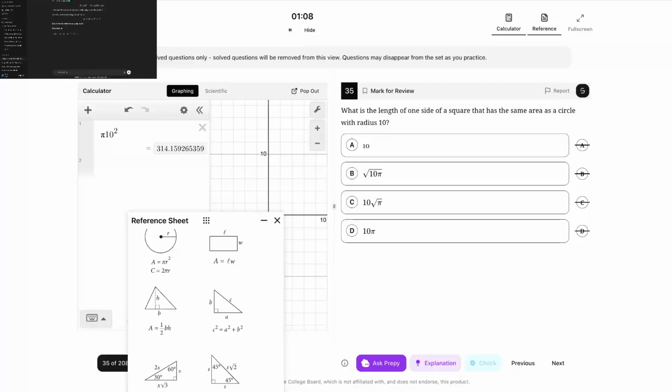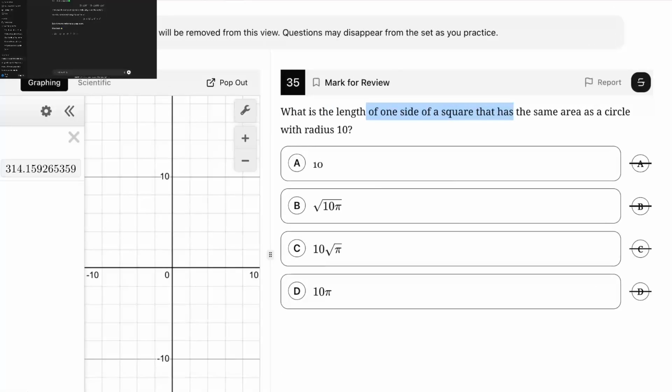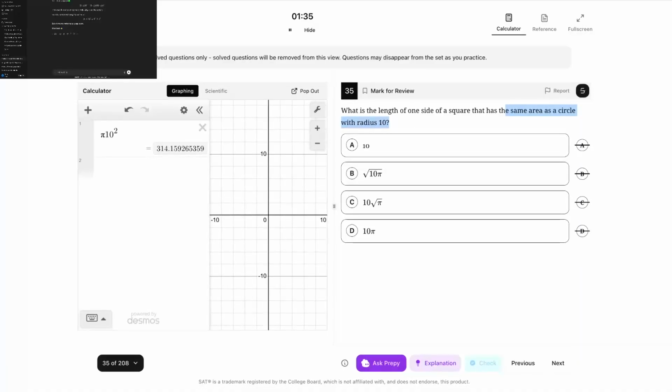What is the length of one side of the square that has the same area as the circle with a radius of 10? Shoot, I'm so sorry, I'm blanking out right now. My brain stopped.